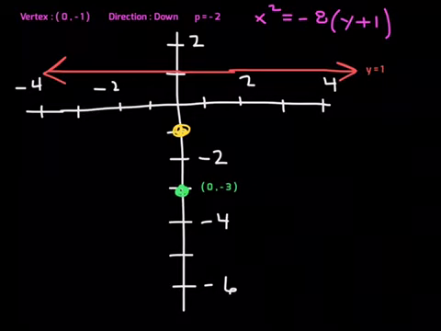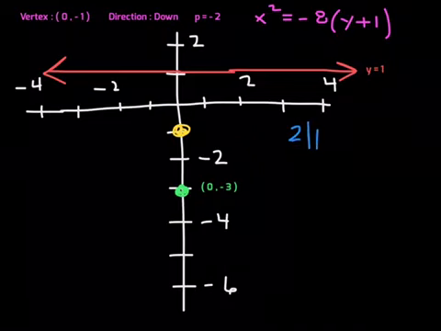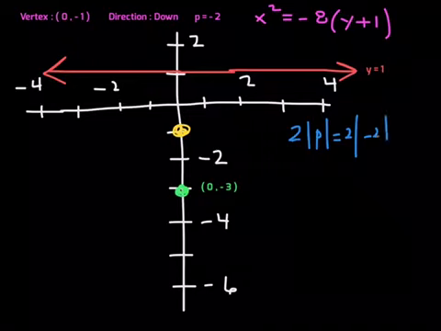Now, I'm pretty much ready to draw my parabola, but I need to know how wide it's opening. So this is the part where we get the latus rectum, right, everybody? So let's see if I can squeeze this work up here. 2 times the absolute value of p, so it'll be 2 times the absolute value of -2, which just turns out to be 4.